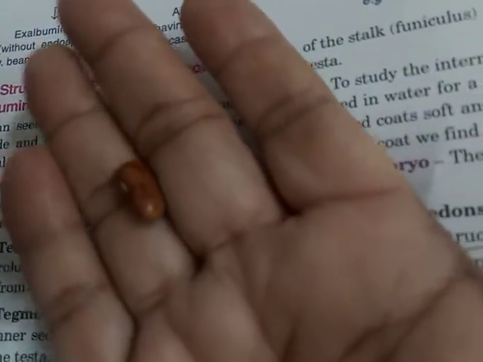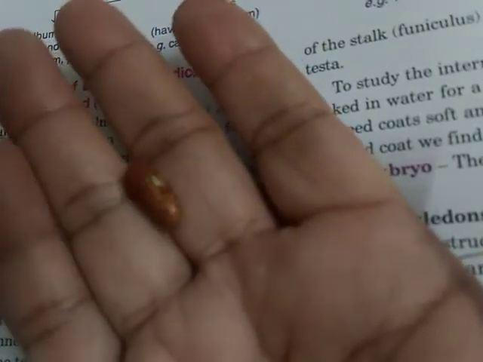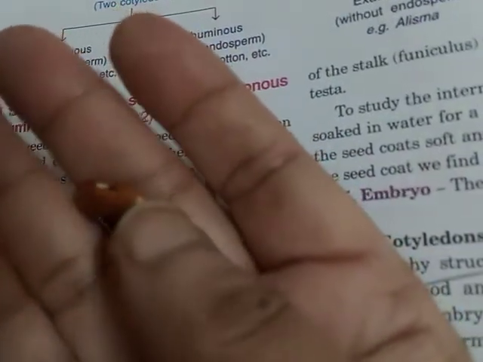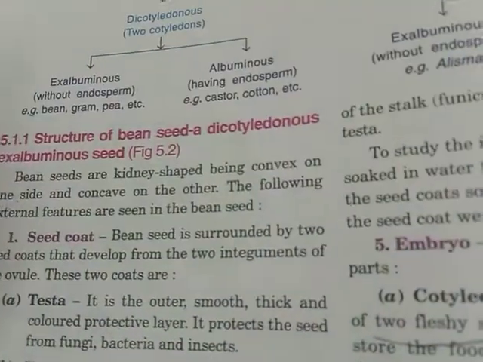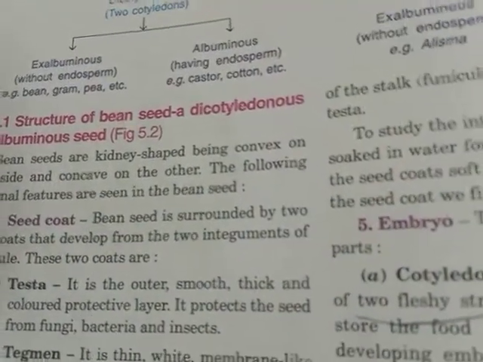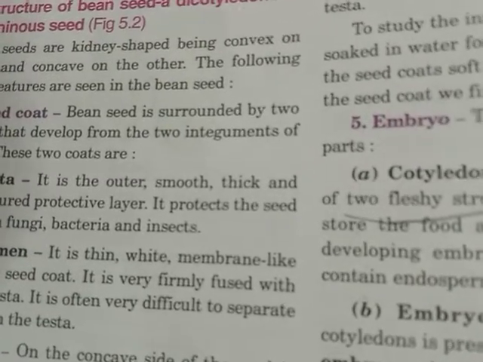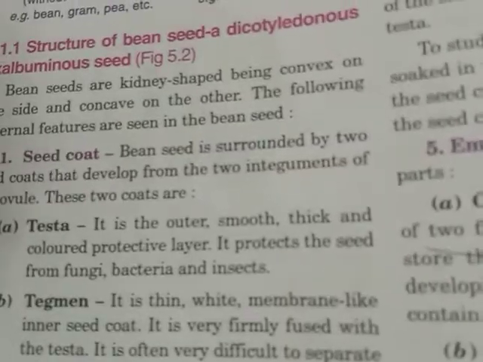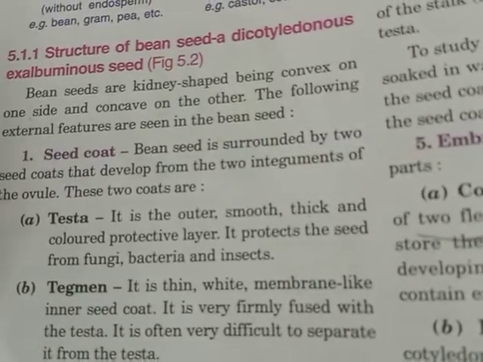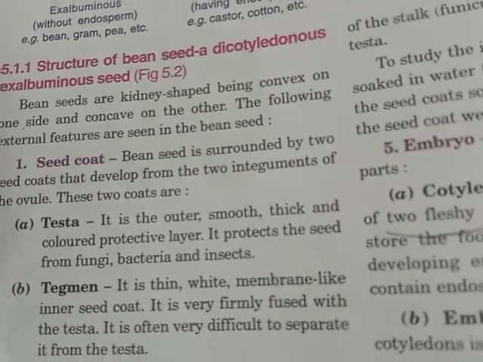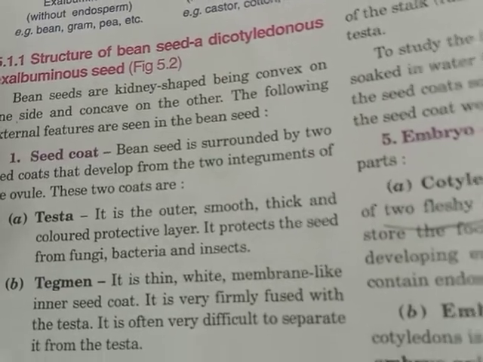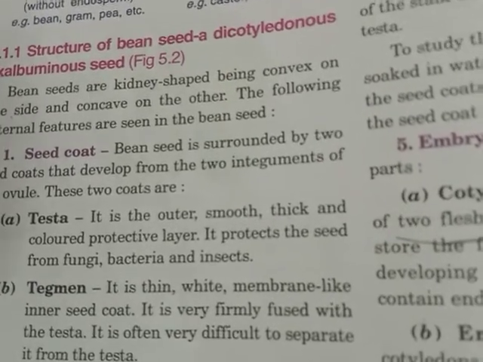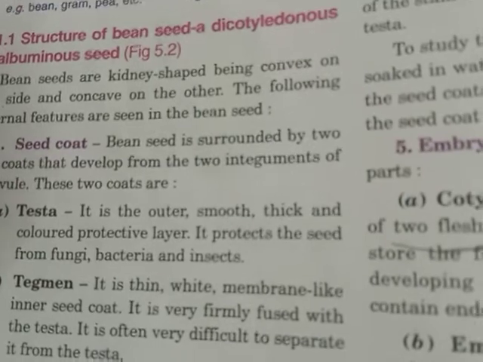This brown cover is the seed coat, and this seed coat is developed from the integuments. As we have seen in the structure of ovule, the ovule is surrounded by two-layered integuments, and these two integuments form the seed coat.